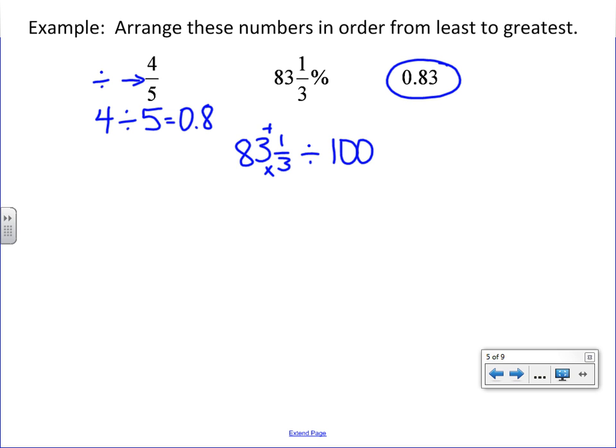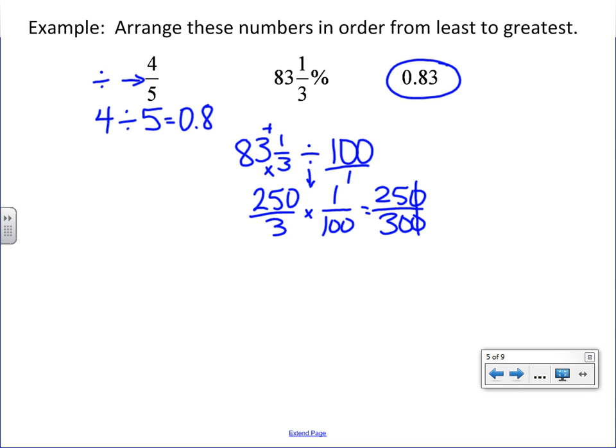So we have 3 times 83, which gets us 249, plus 1 gets us 250 over 3. My division changes to multiplication, and we take the reciprocal. So when I do this, I have 250 over 300. That will cancel to 25 over 30, which will reduce by 5. So that gets me 5 over 6.